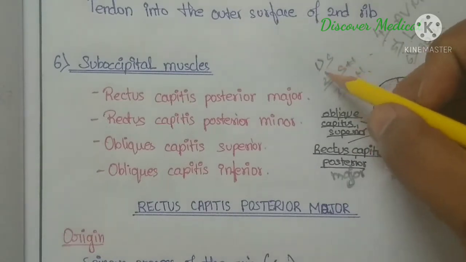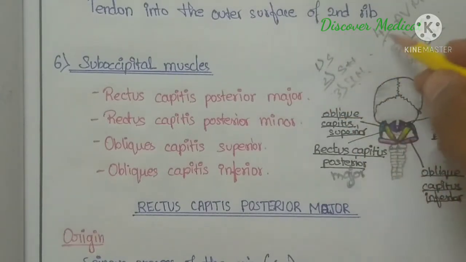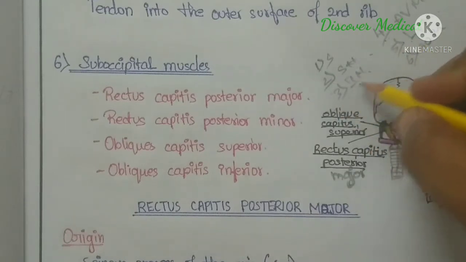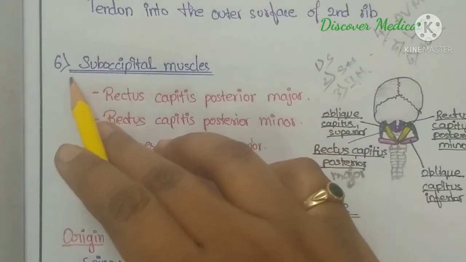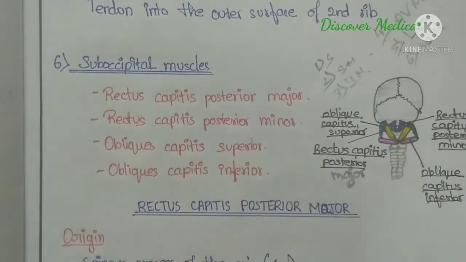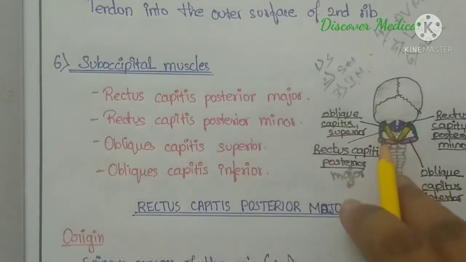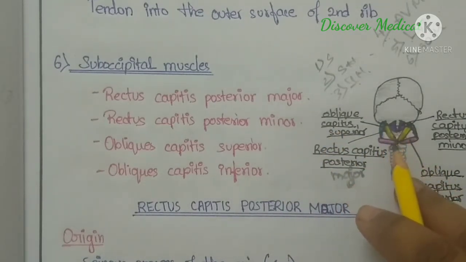Now sixthly, we are going to see suboccipital muscles. Firstly, we saw superficial and lateral cervical muscles. Secondly, suprahyoid. Thirdly, infrahyoid. Fourthly, anterior vertebral muscles. Fifthly, lateral vertebral muscles. Sixthly, now we are going to see suboccipital muscles. This is the last one. You can see in the diagram, obliquus capitis superior, and this is rectus capitis posterior.